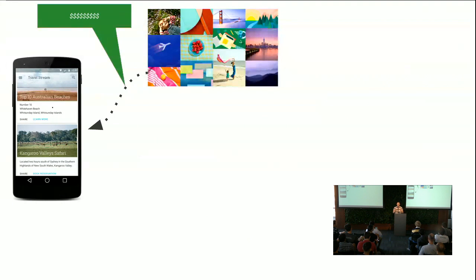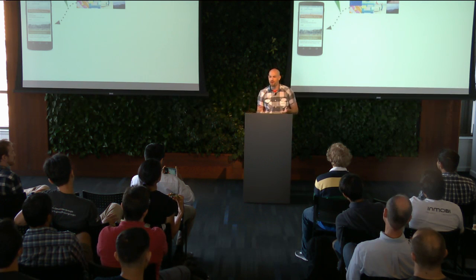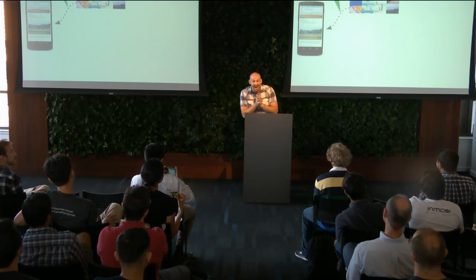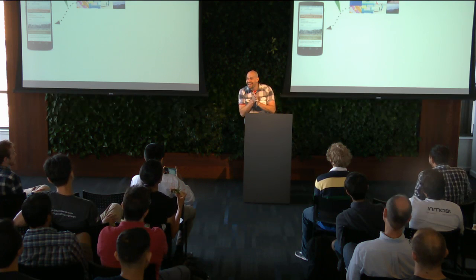So think about that for a second. The rest of the world is on a pay per bit policy for their cellular networks, which means every bit your application is transferring to their device, they are paying for. Now, wouldn't it be amazing if one day they woke up and the Google Play Store told them how many bits they were paying for from your app? Don't make me do it.